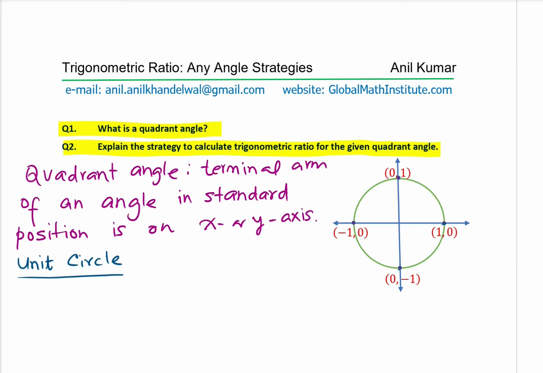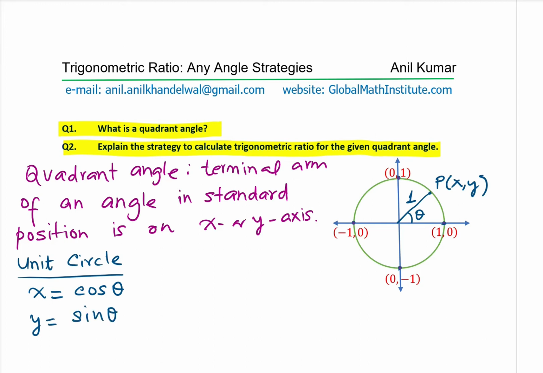How? Let us say that any point in particular, P, is basically (x, y). And if my circle has a radius of 1, in that case, what is x equal to? x is cos of theta, correct? If this angle here is theta, then x is cos of theta. y is sine of theta.